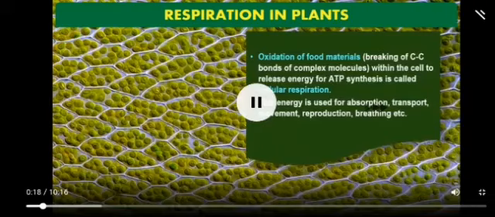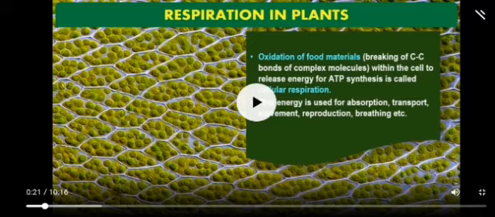What is respiration? The oxidation of food material and the breakdown of carbon-carbon bonds of a kind of complex molecule which was formed at the time of photosynthesis with the help of sunlight.